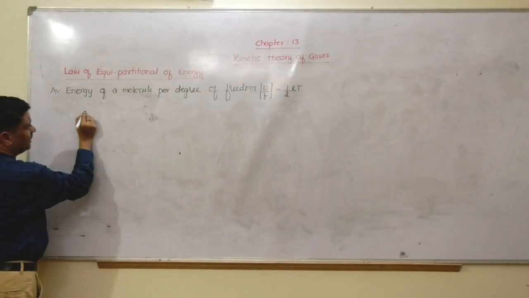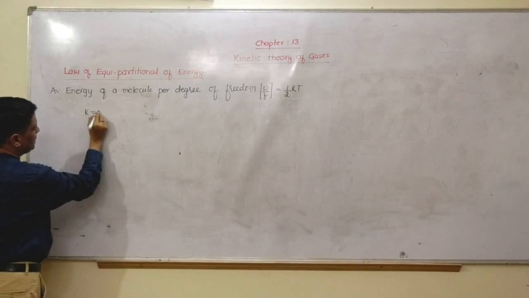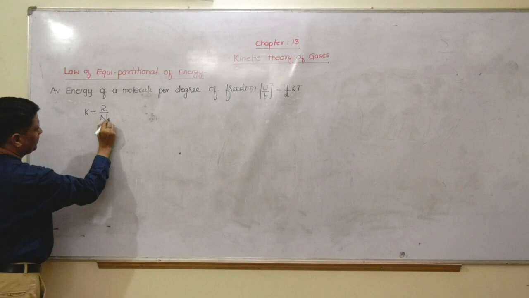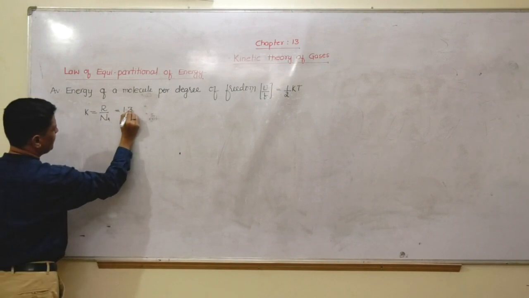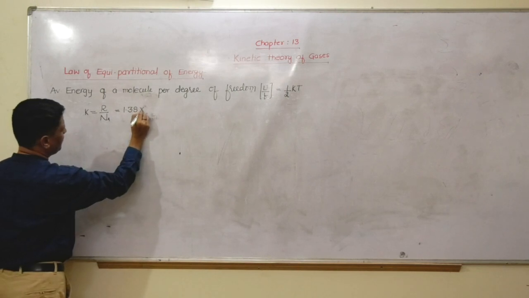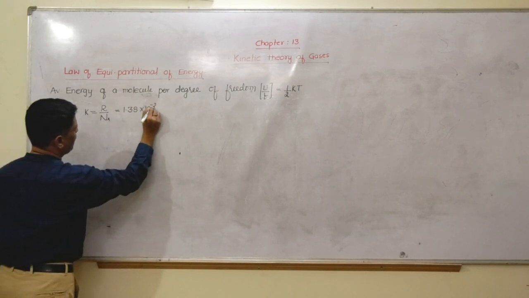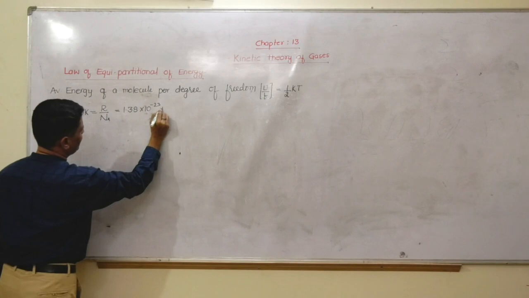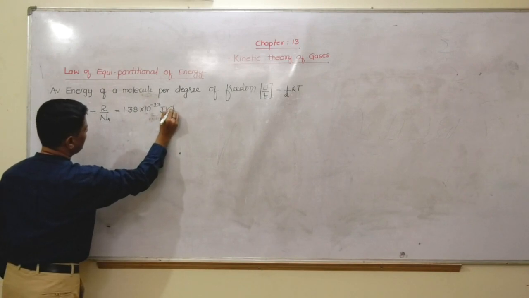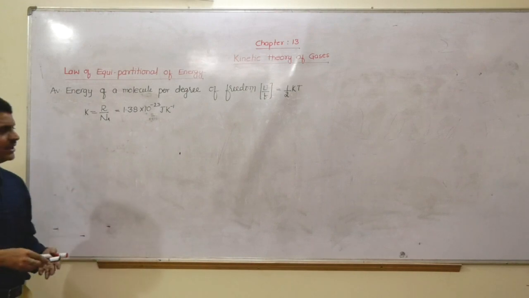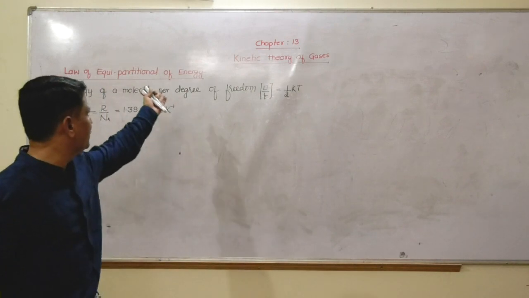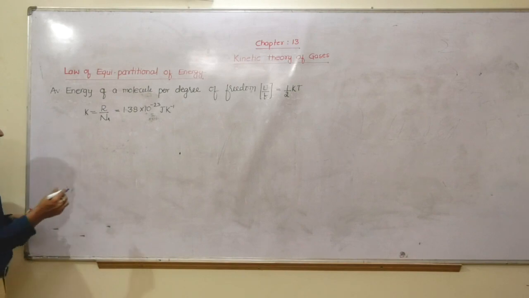So you know very well K is nothing but R divided by Avogadro number, and its value is equal to 1.38 into 10 to the power minus 23 joule per Kelvin. It is our energy of a molecule per degree of freedom according to equipartition of energy.